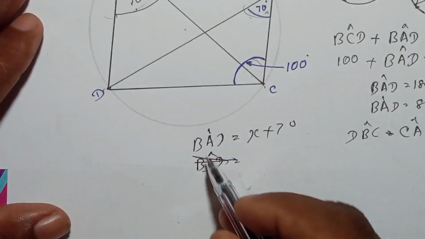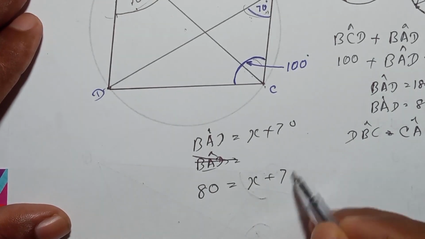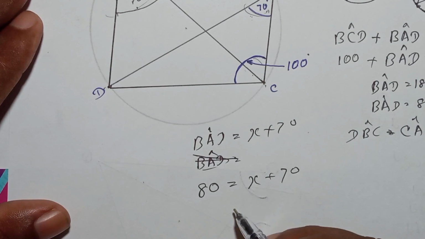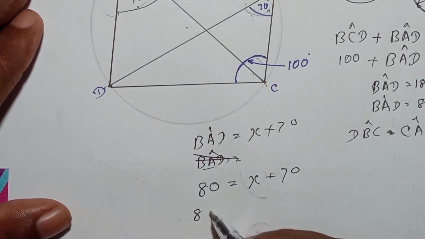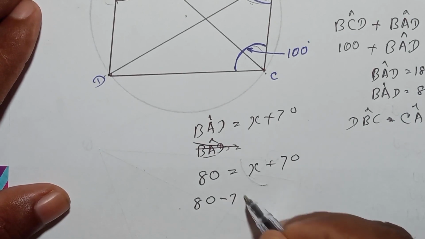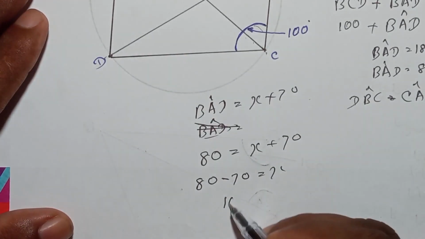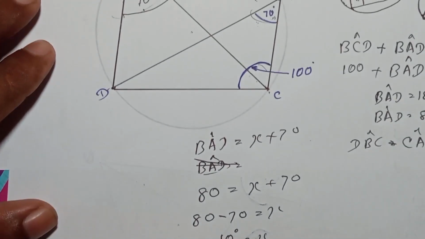So I can write for BAD: 80 equals x plus 70. Now I can find x. You have to bring this 70 to this side, so 80 minus 70 equals x. 80 minus 70 means 10 degrees. So here x equals 10 degrees.